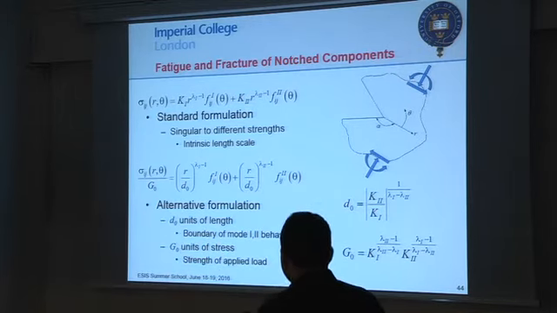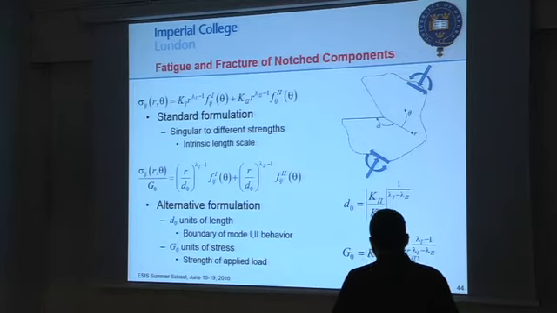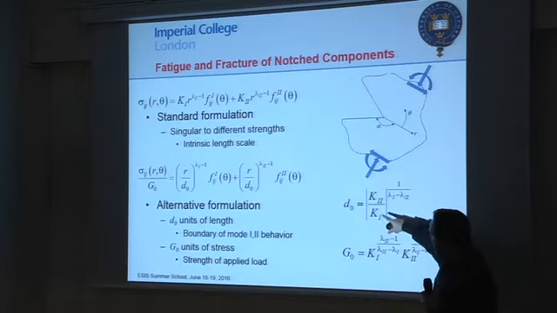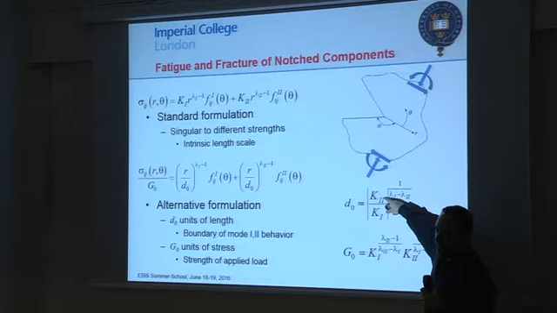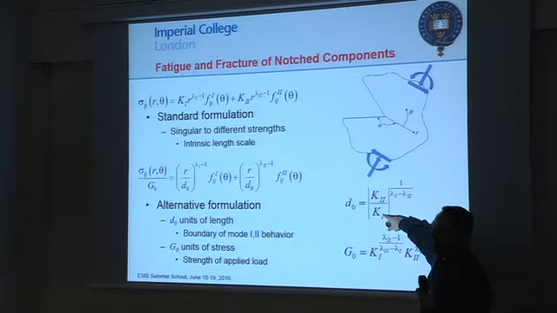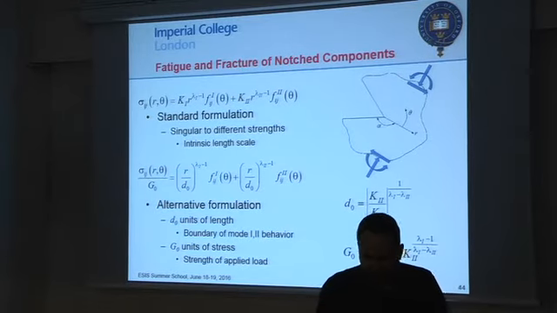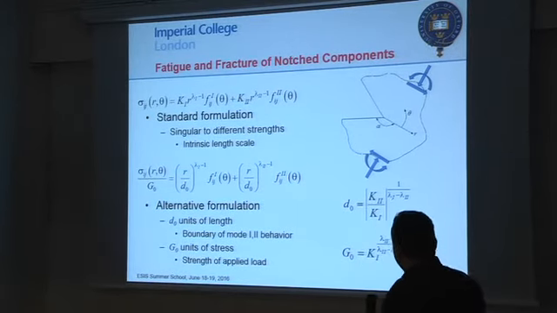So we defined these two quantities. D0, which turns out to be a very simple ratio of the mode 2 stress intensity divided by the mode 1 stress intensity to the power 1 over lambda 1 minus lambda 2.